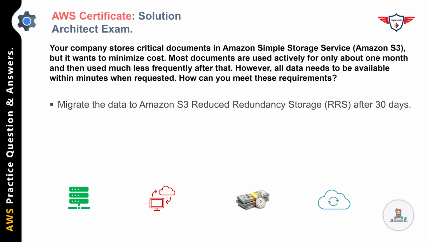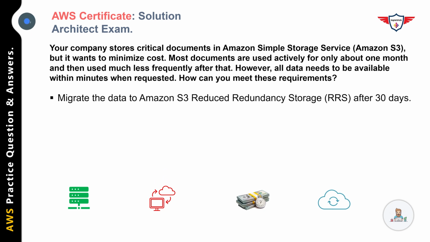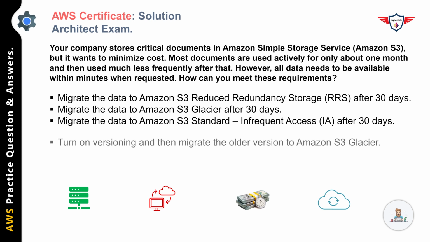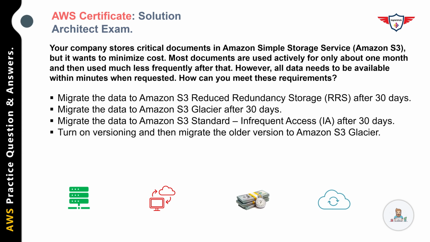And your options are: migrate the data to Amazon S3 Reduced Redundancy Storage, that is RRS, after 30 days. Migrate the data to Amazon S3 Glacier after 30 days. Migrate the data to Amazon S3 Standard Infrequent Access after 30 days. And the last one is turn on versioning and then migrate the older versions to Amazon S3 Glacier.